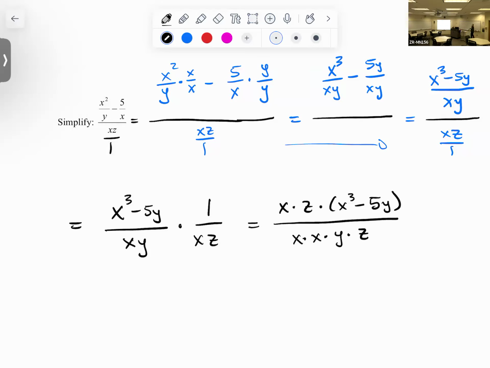Which becomes, all right, X times Y times Z. And then I can see if, oh, whoops, except this shouldn't be here anymore. All right, with X cubed, let's put a 1 in there. X cubed minus 5Y in the numerator. And then I can simplify all that together.